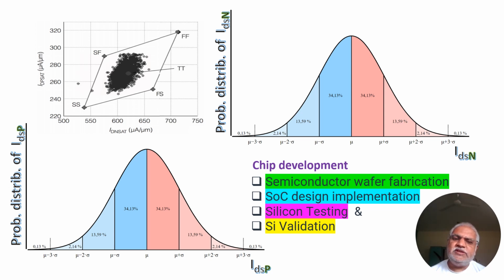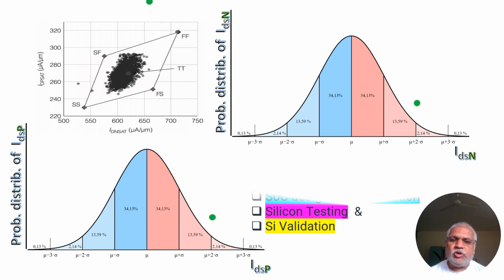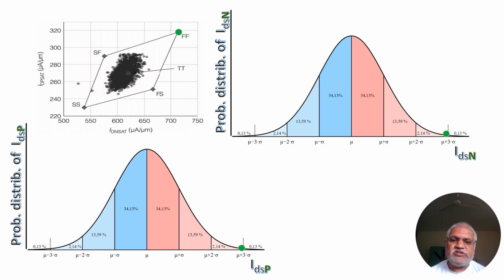During the testing, different types of wafers, that means some wafers in fast corner, slow corner, typical corner, all these will be tested in this specific scenario. Fast corner is where the drain source current of NMOS is high, and its probability distribution is shown here.